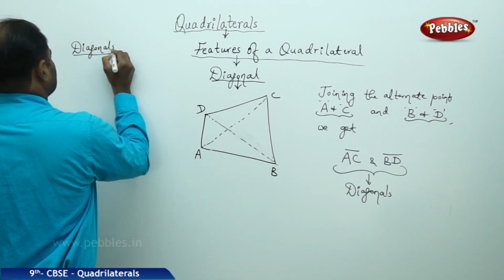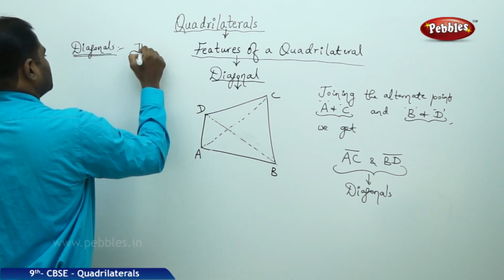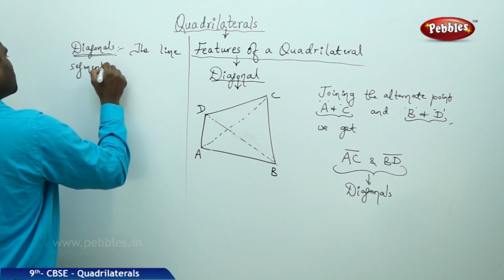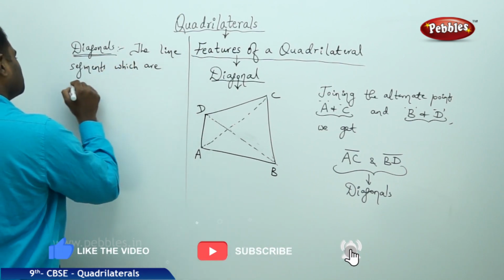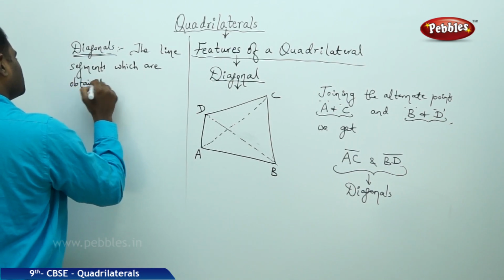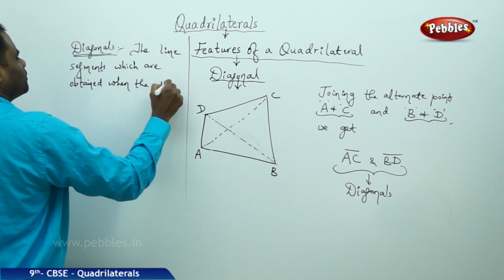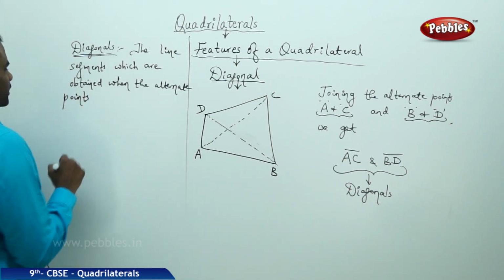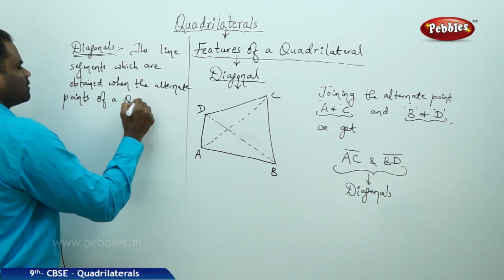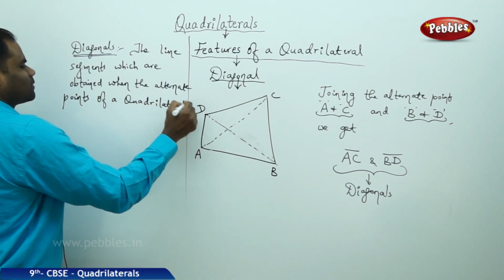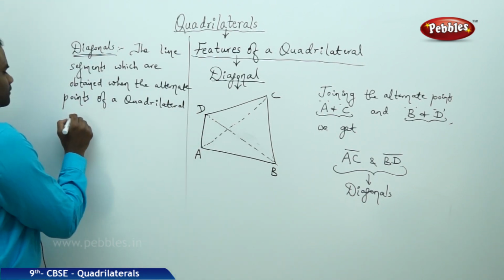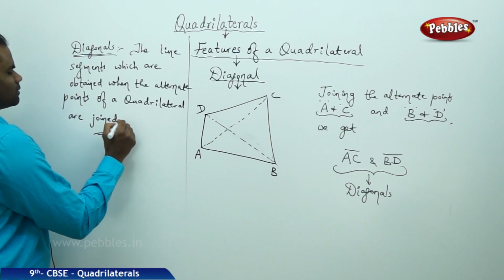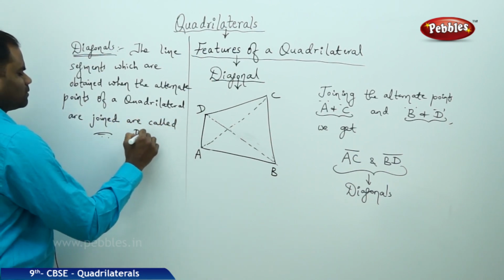So in this case, diagonals are defined to be the line segments which are obtained when the alternate points of a quadrilateral are joined. They are called diagonals.